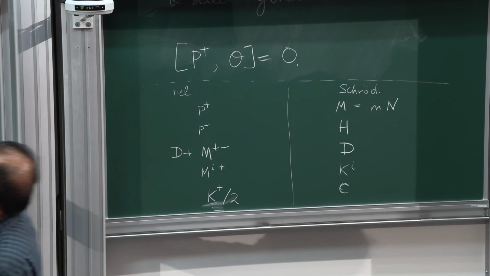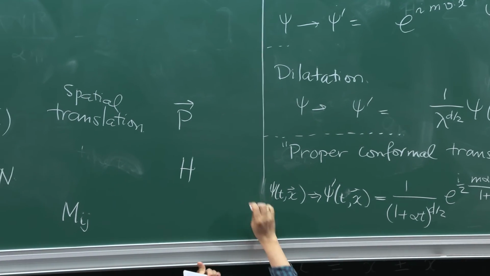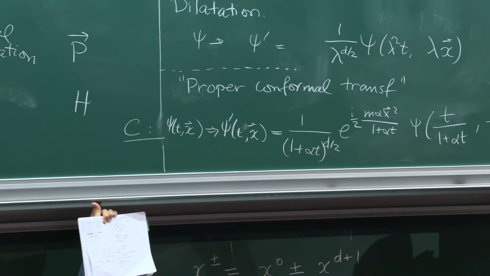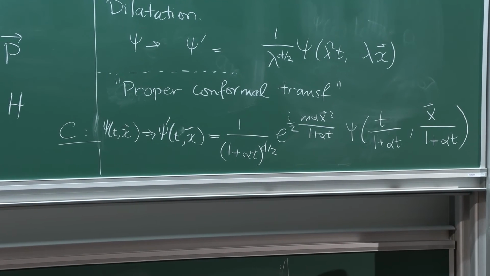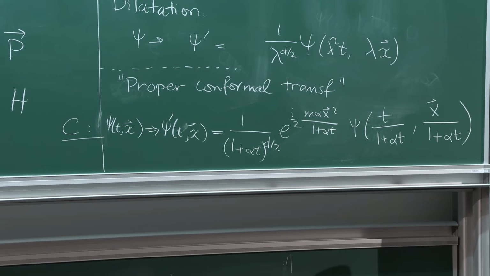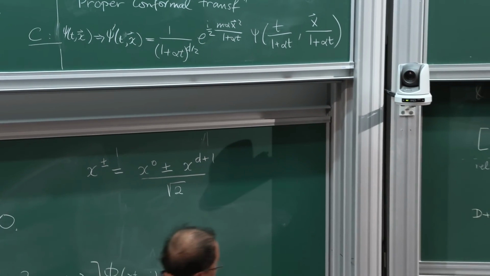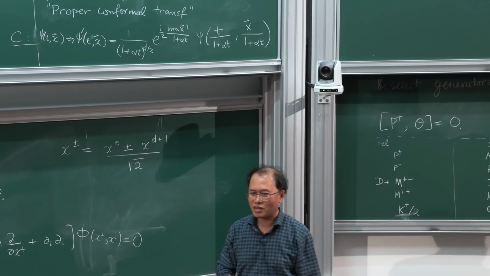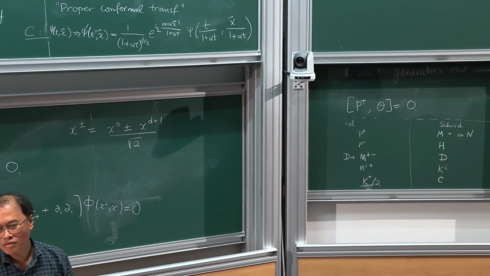C is the generator of the proper conformal transformation. This proper conformal transformation comes from one of the proper conformal transformations in the relativistic theory. There are 4 of these, K^mu, and only the one along the plus direction commutes with p^+, and that gives us the operator of the proper conformal transformation.